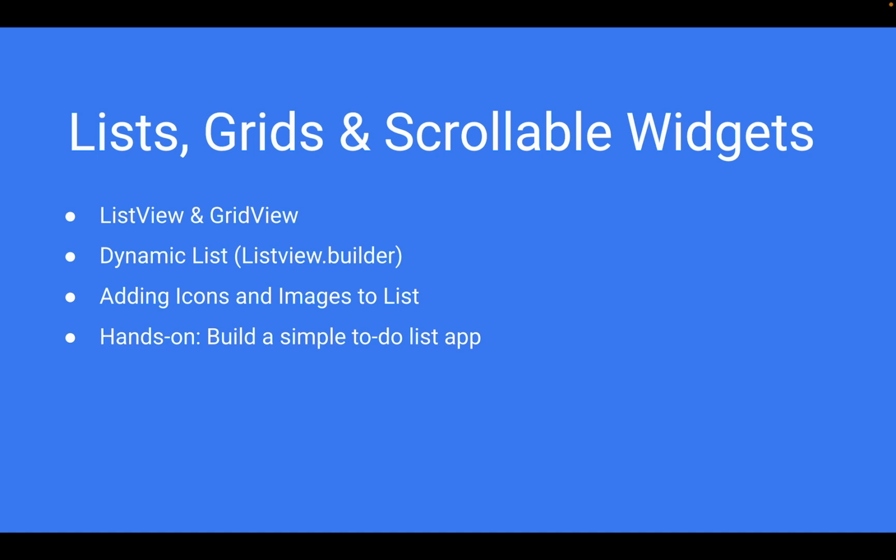That's one of the differences. ListView is used when you want to show a vertical list of items, just like columns, right? And GridView is used when you want to display items in form of grid, like 3 items in a row and all that. Those are the differences between ListView and GridView.